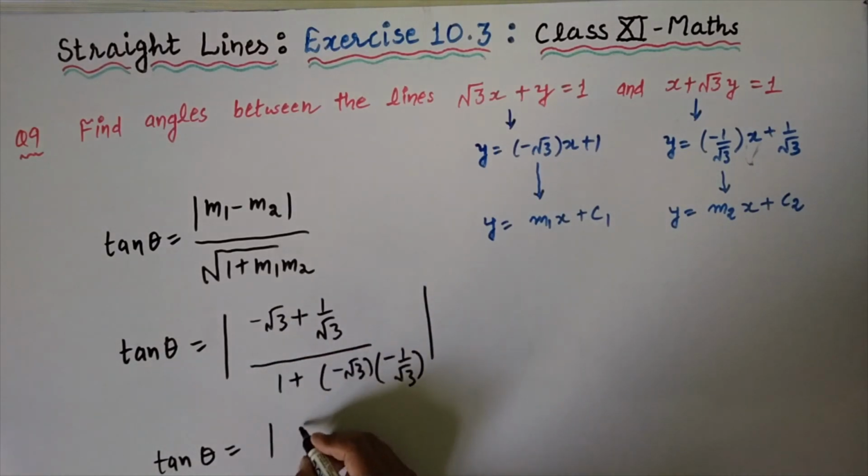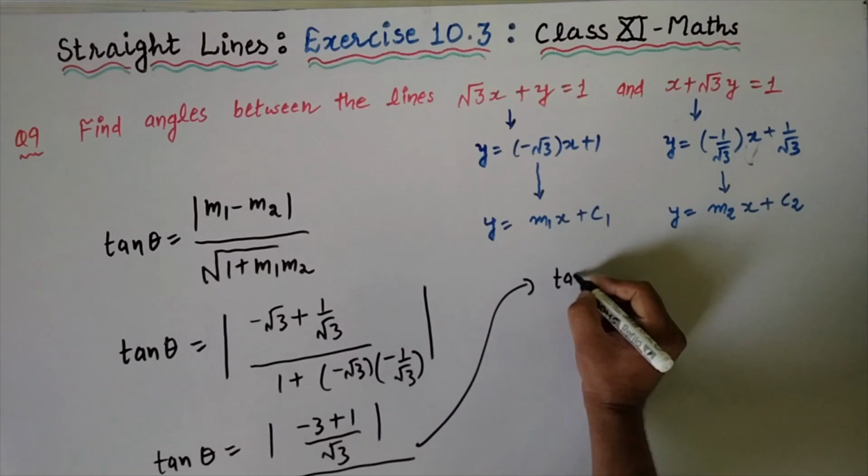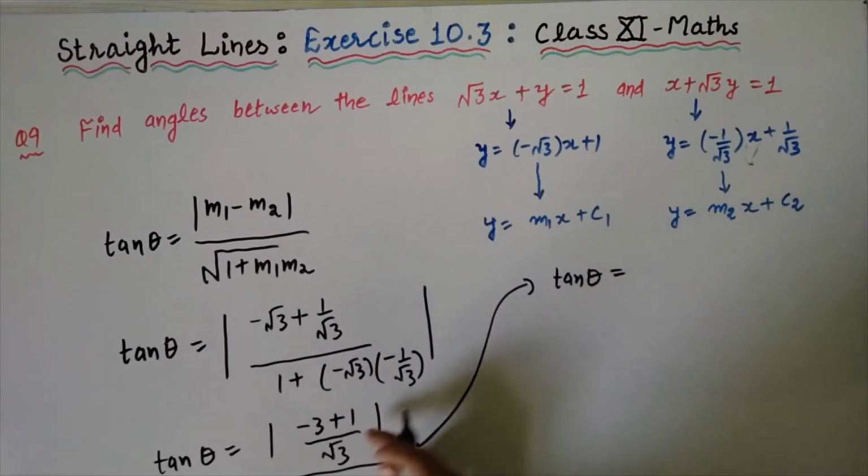So from here tangent theta is equal to minus 3 plus 1 upon square root of 3 whole divided by, the minus 3 cancelled, 2.